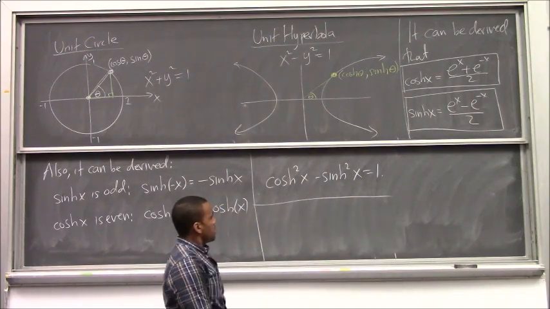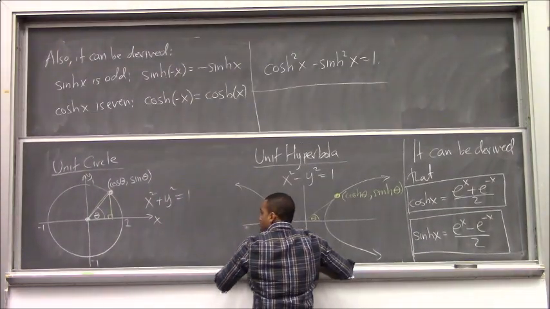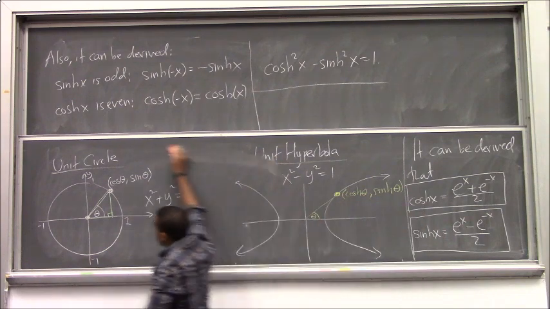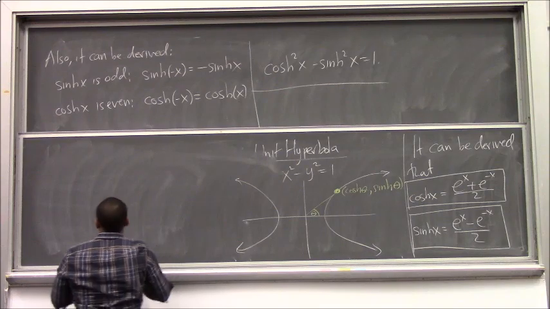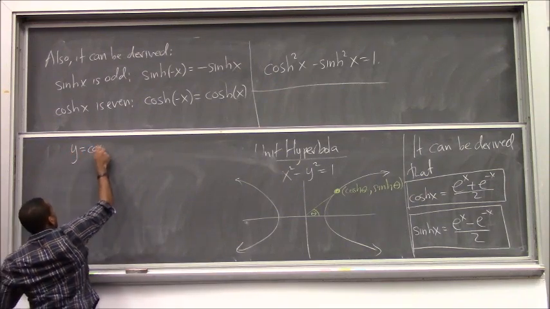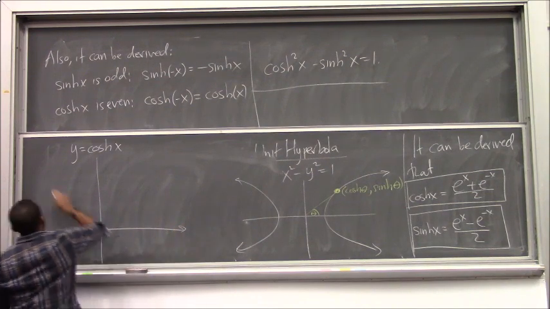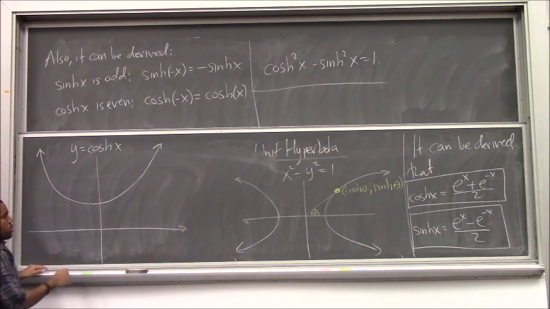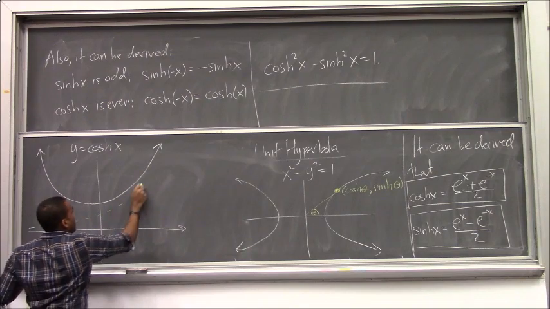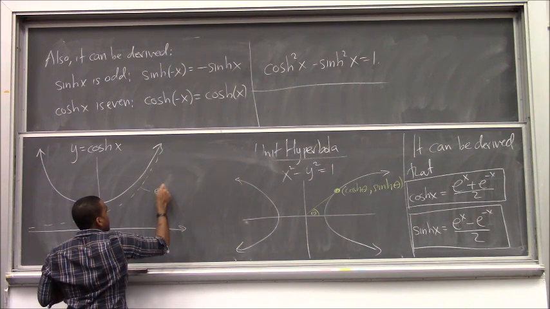What else? Now, it's very rare that you need to know the graphs of these guys, but if you want to know the graph of cosh, it actually looks like a parabola, although it's very different from a parabola, where it's asymptotic to e to the x over 2.